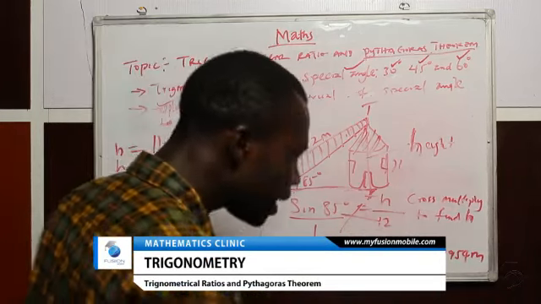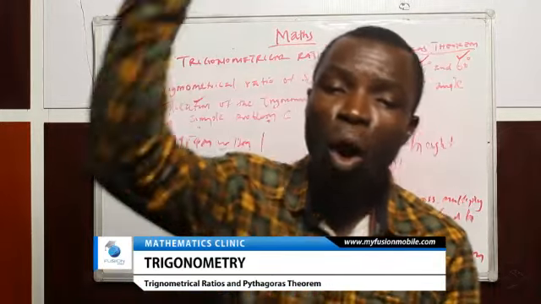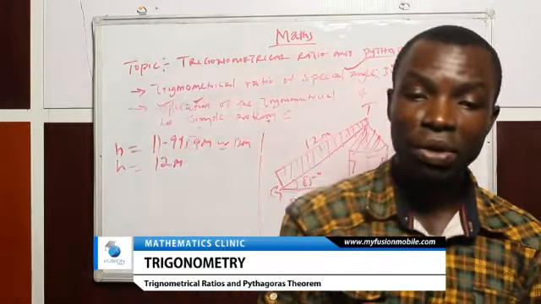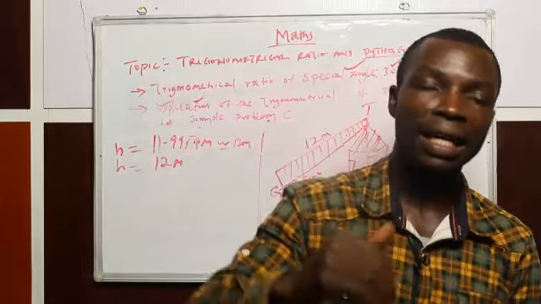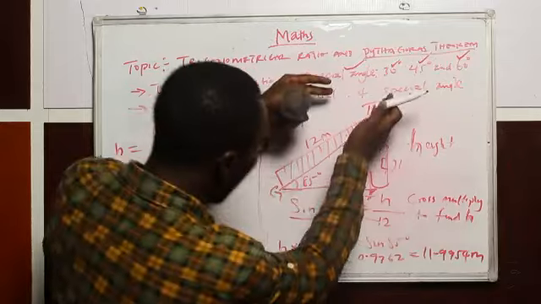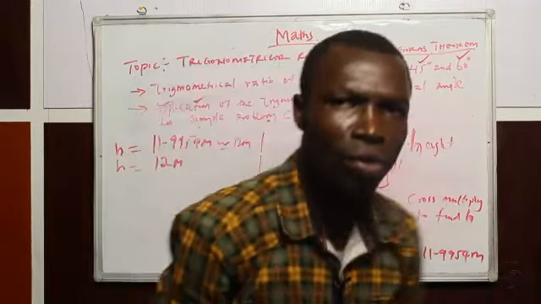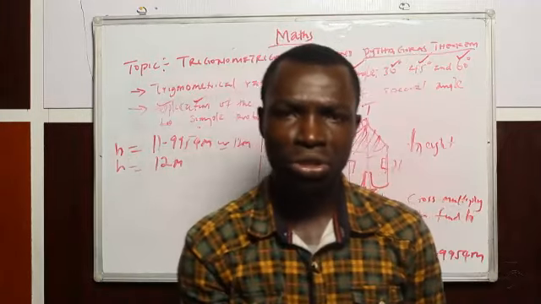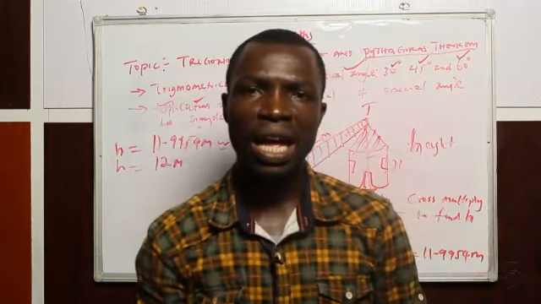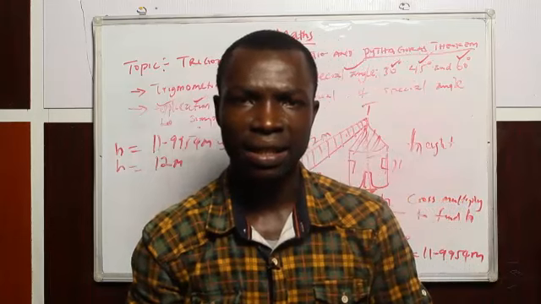So the interpretation of the question is that the ladder will reach almost the top of the building at 12 meters. That's how far the ladder reaches. Thank you. I know that you've understood the trigonometric ratios and Pythagoras theorem, and this will give us a guide to solve more questions ahead.